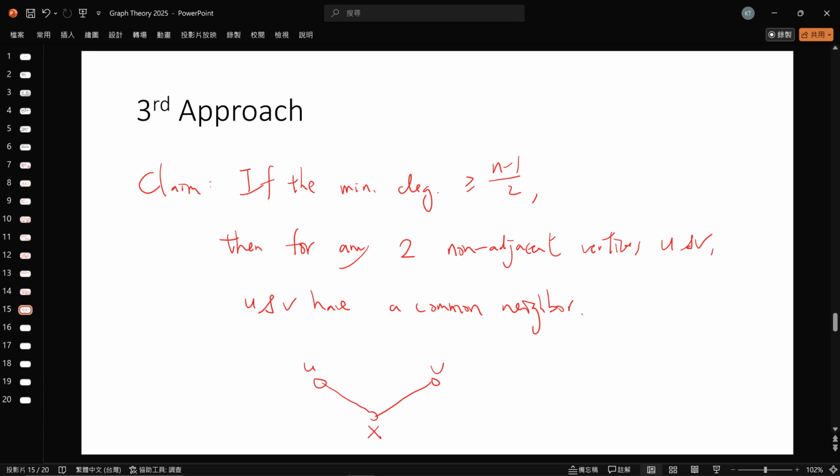So that's nice. But sometimes these two vertices may not be adjacent. In this case, the claim says at least you can have a common neighbor. So U can be adjacent to X, which is adjacent to V. In this way, you can also construct a path. So now for every two vertices you choose, there will be a path, which implies the graph is connected.